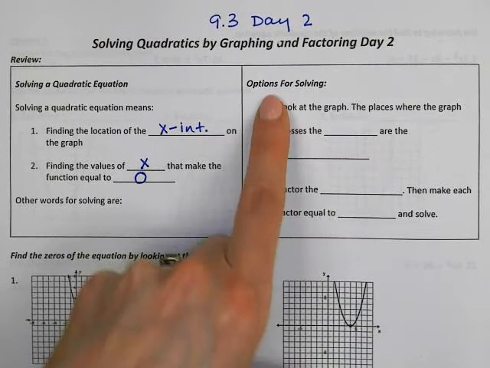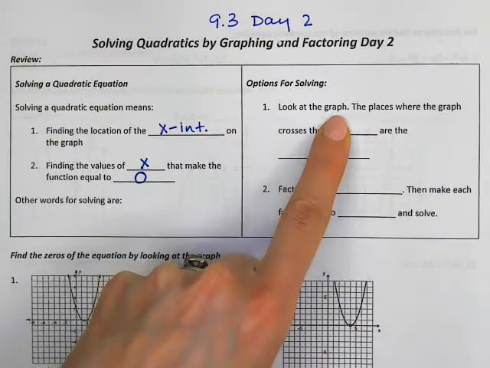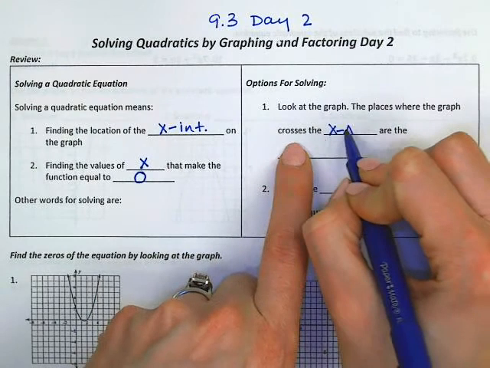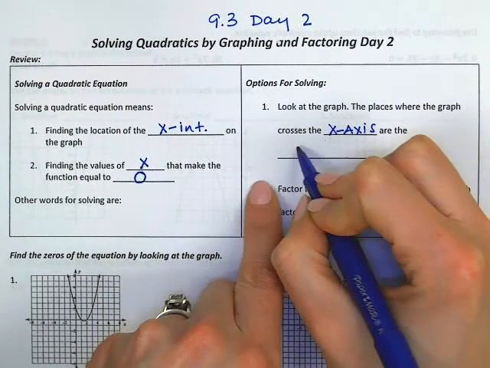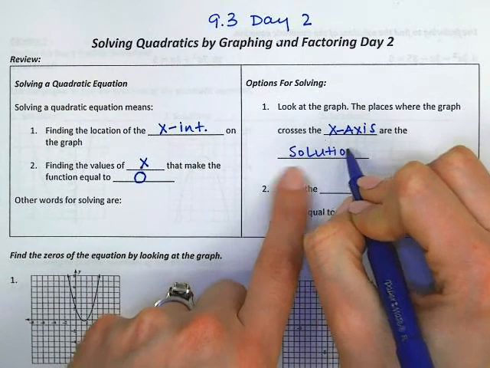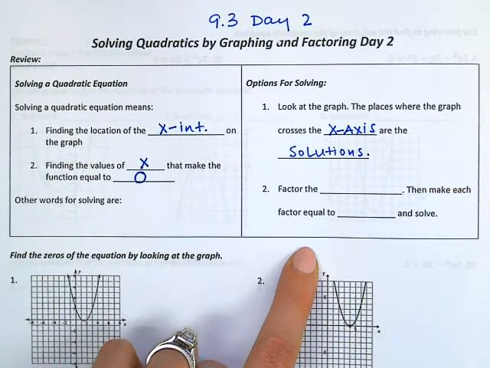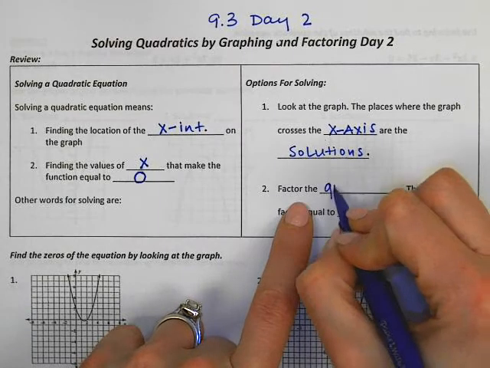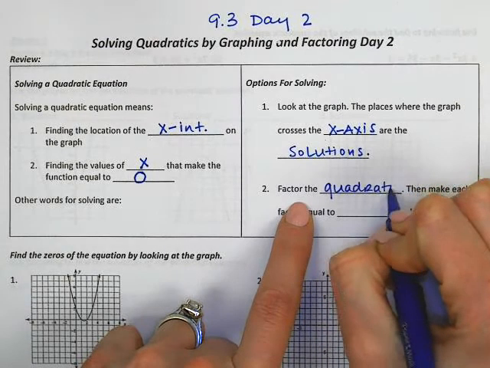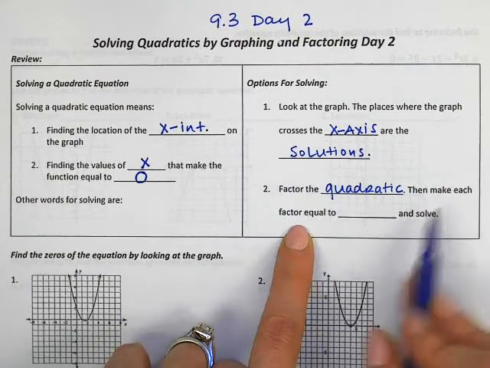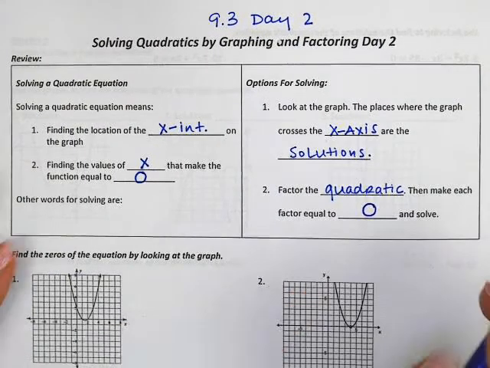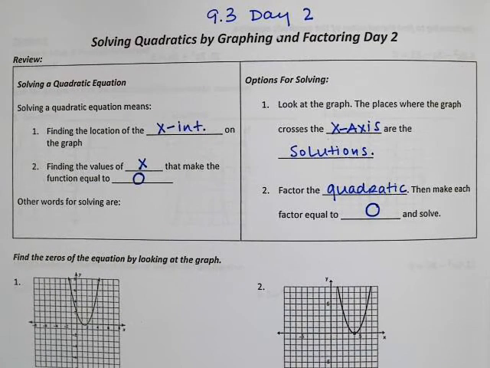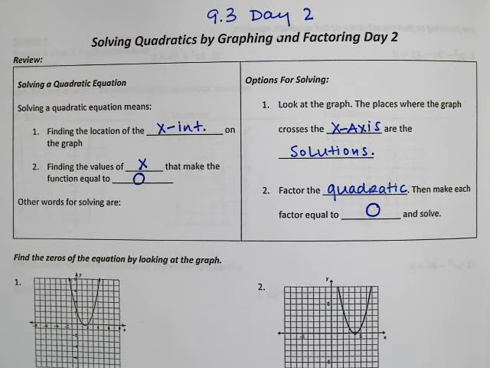One is to look at the graph and see where the graph crosses the x-axis, and those are the solutions. We did that yesterday. Another way to solve is by factoring: factor the quadratic, make each factor equal to 0, and solve. So let's do a quick review of these two methods to find solutions.